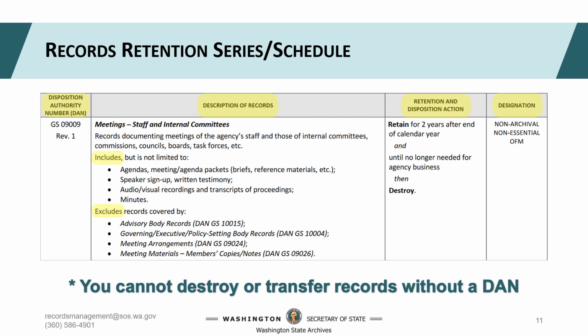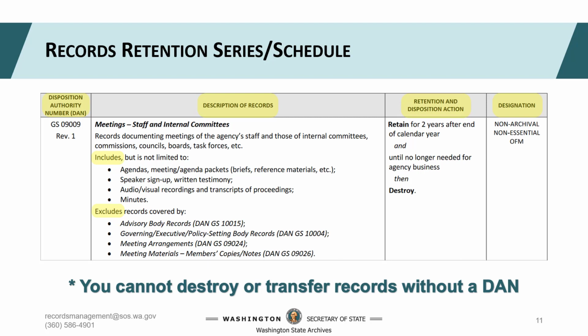Keep in mind, your record may still fall under that DAN if it matches the description but isn't specifically identified in the included list. This happens a lot because different agencies call the same document or file by a different name. Thankfully, record series are functional and not subject or department dependent, so they include as many applicable records as possible.